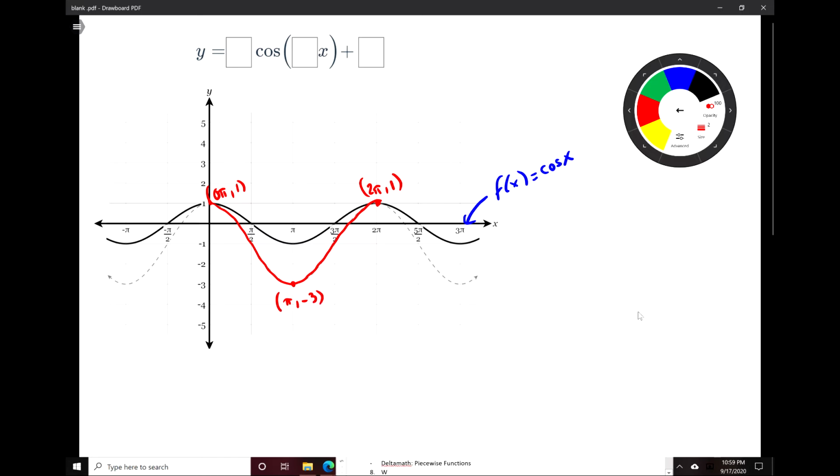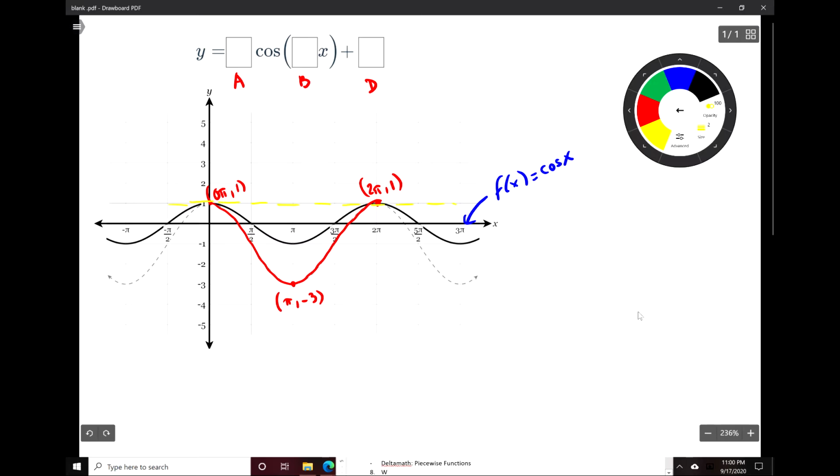Alright, so first I want to figure out a. That means I need to figure out the amplitude, and in order to know the amplitude, I need to figure out the midline first. The midline will be in the middle of the maximum point and the minimum point.